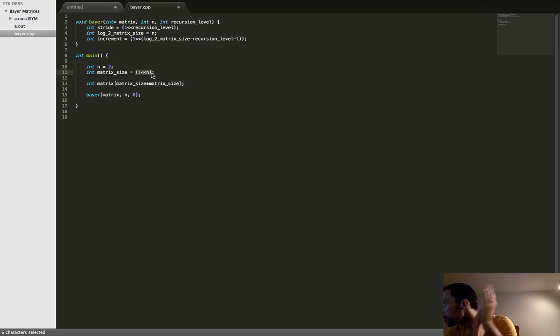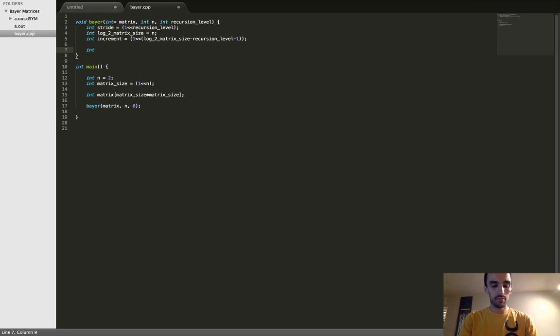You can whistle all you want. Well, let's continue. Let's actually get through here to what we want to do. So we've got our stride and our increment. So we can start placing values into the matrix here. So let's see. I'm going to get some coordinates for myself. Now let's just do this.